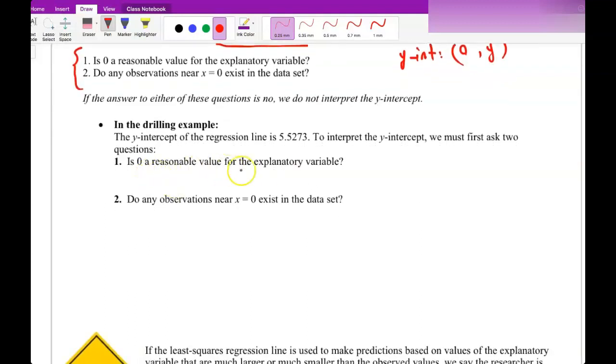Is 0 a reasonable value for the explanatory variable? Yes, because 0 feet would represent starting at ground level. So the answer is yes.